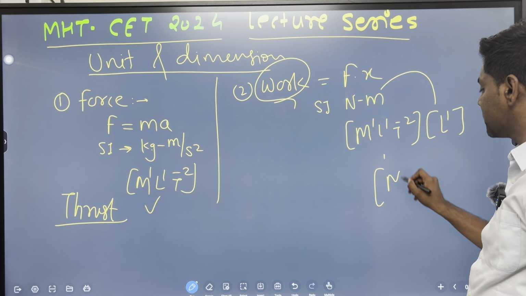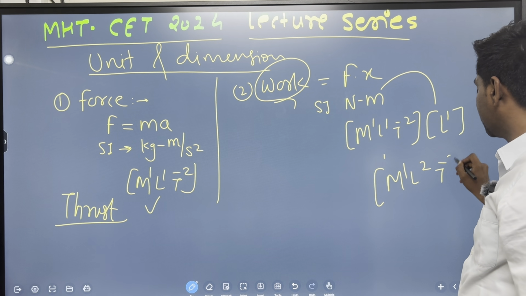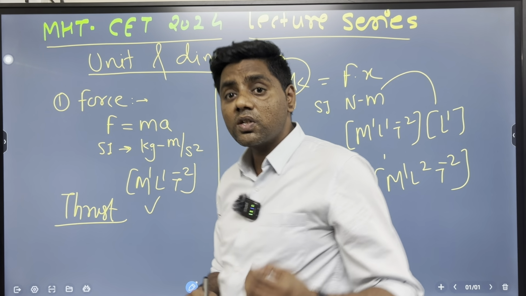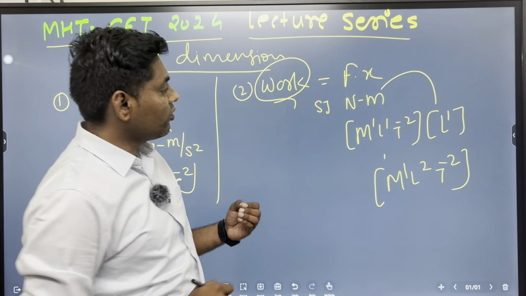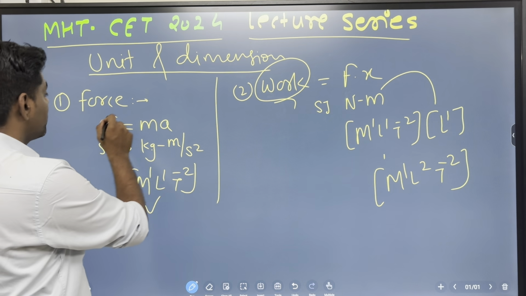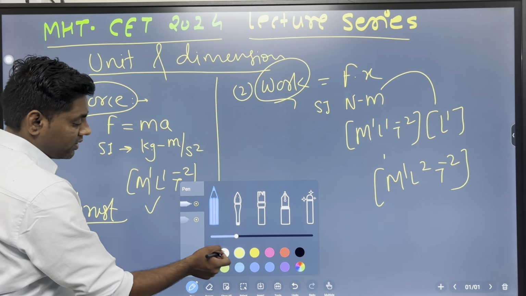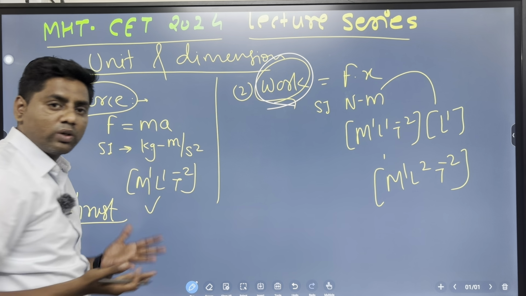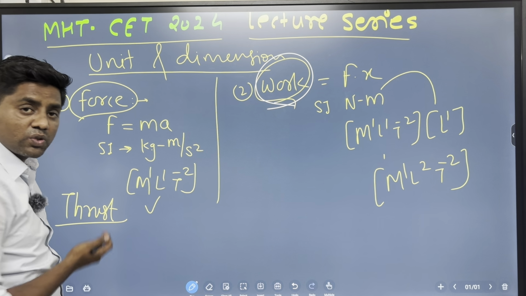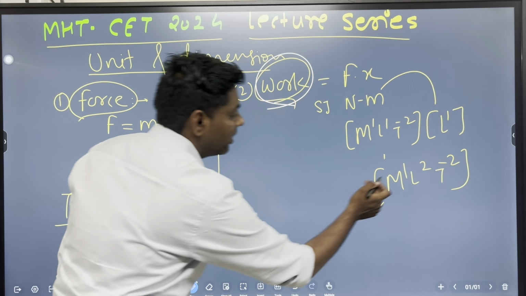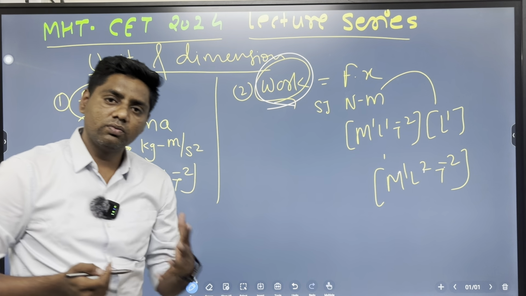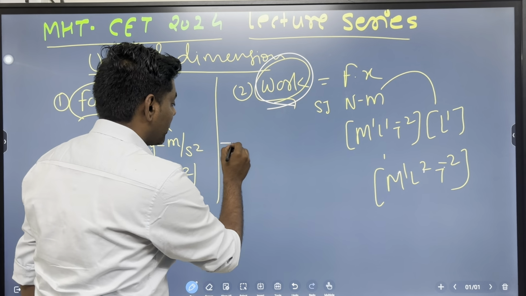So we get M1 L2 T minus 2. You should at least remember the dimensional formula for two physical quantities: one is force and the second is work done. It is very easy to remember, 1 1 minus 2 for force, and 1 2 minus 2 for work done.